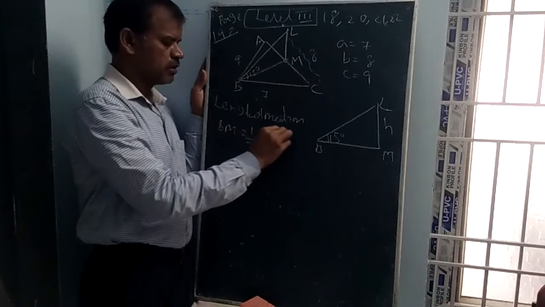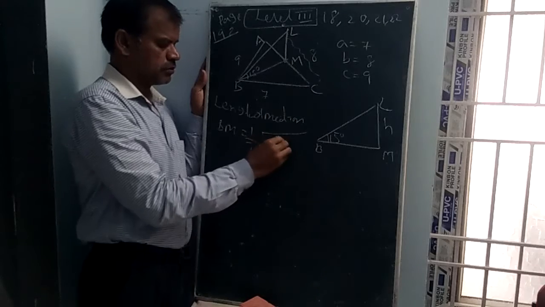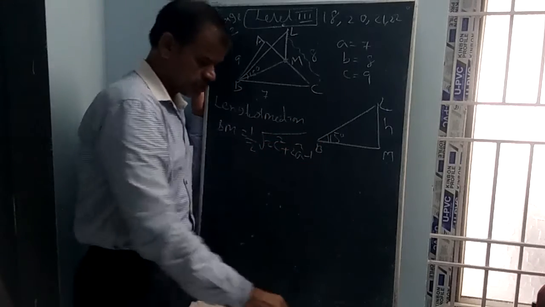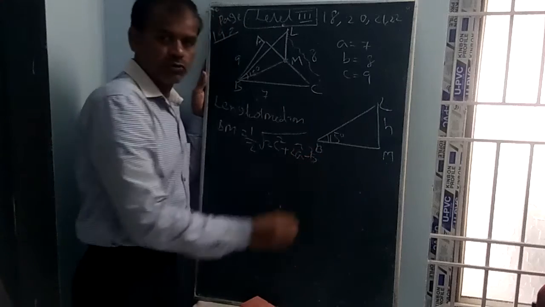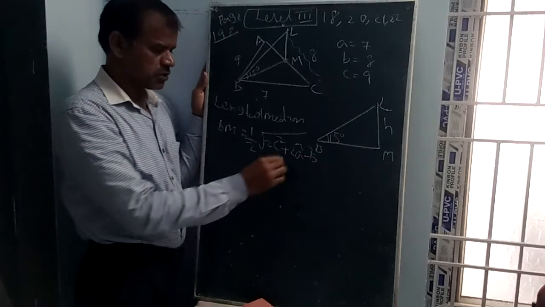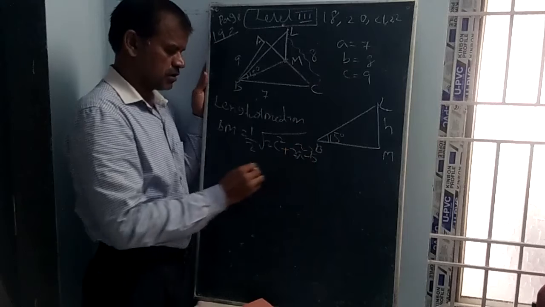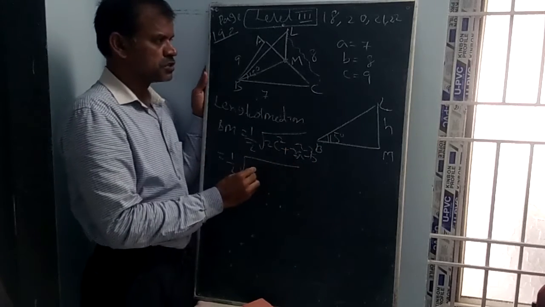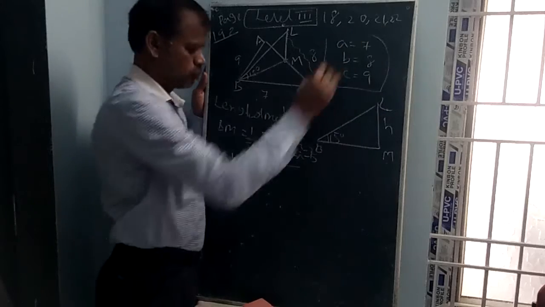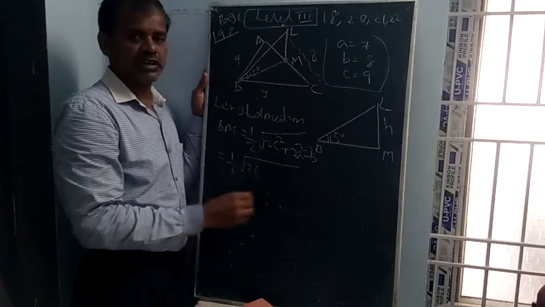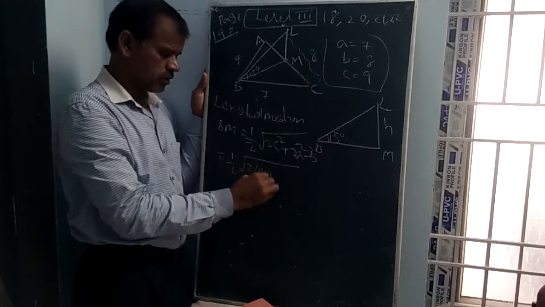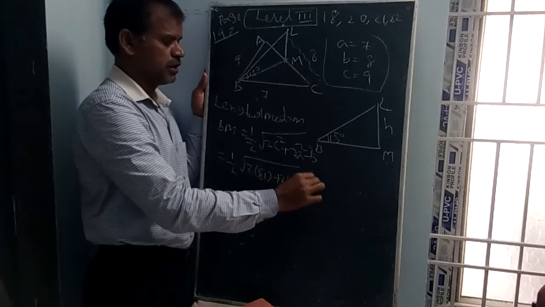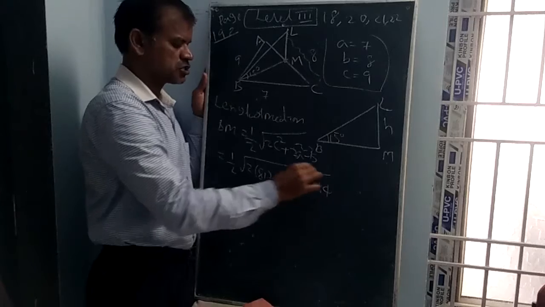Remember the formula: 1 by 2 into the root of 2c square plus 2a square minus b square is the length of median. Now 2 into c square means 9 square, so 2 into 81, plus 2 into a square, 2 into 49, minus b square, meaning 64.